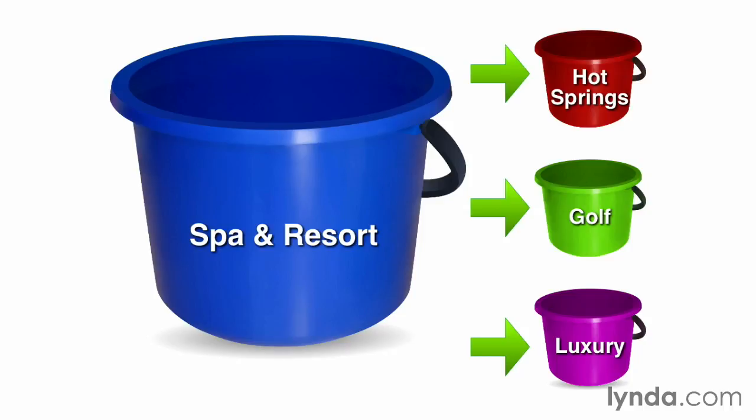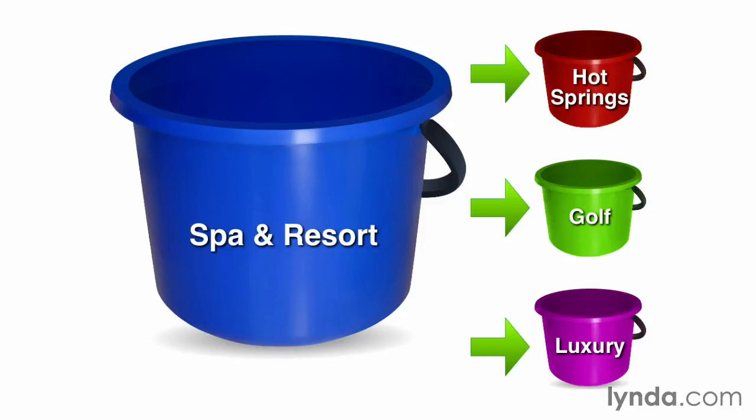I don't want people that searched for hot springs spas to go to the spa, resort, and golf page because that's not what they want. And so my first level of segmentation is to come up with the primary focus keyword, spa or resort. Then to look at that list and see what trends are coming out of that I'm being found for, whether it's hot springs or golf or luxury, and then create a smaller keyword segment.